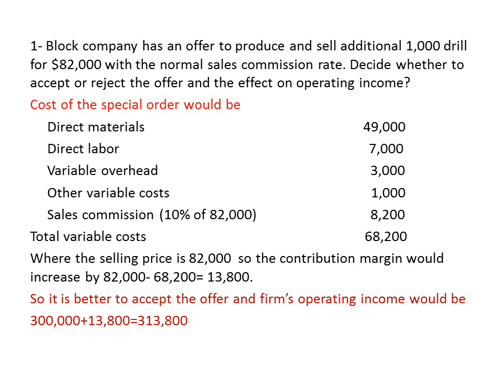First, we calculate the cost of producing the offer and compare the relevant cost of producing it with the sales revenue of that offer, and decide whether to accept or reject it.